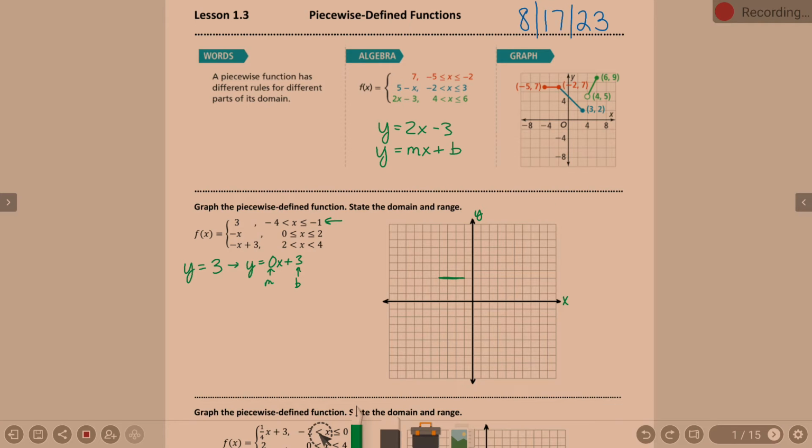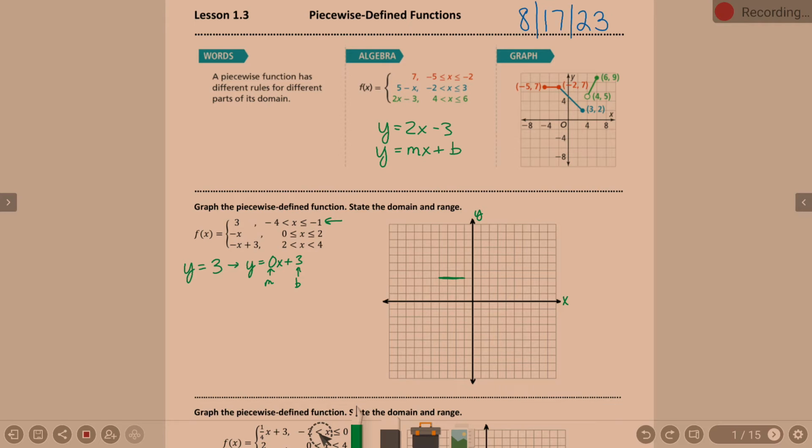Now, on every line we do today, you have to think about your end pieces. There's a variety up here, yes, if you look at the original example. Your end piece could be a filled in closed circle, or it could be an open circle that's not filled in. What are your thoughts for the end pieces here at -4 and -1?